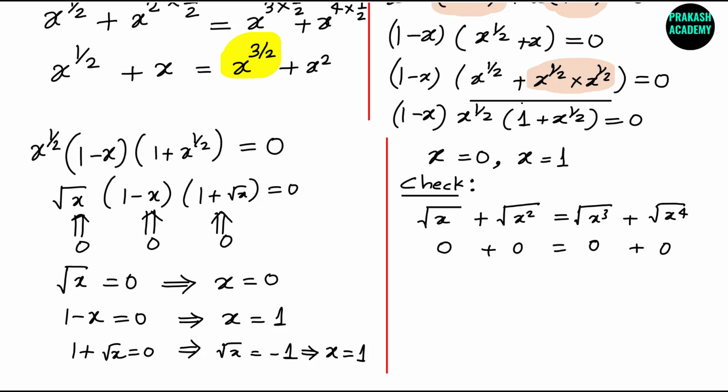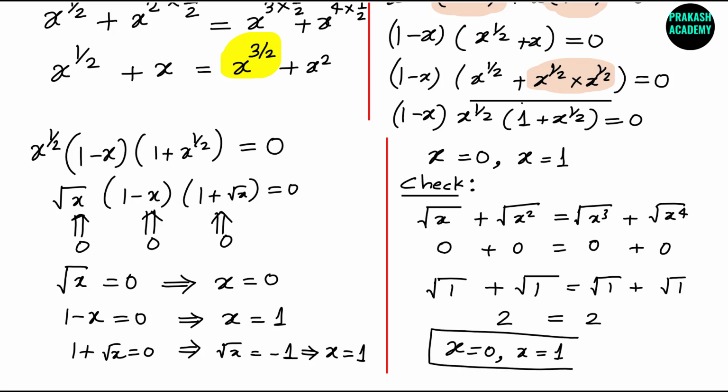What about 1? We will have root 1 plus root 1, 1 square is 1 and then again root 1, and this is again root 1. So this is 2 equals 2. So basically both roots satisfy. This means x equals 0 and x equals 1 are indeed solutions of this equation.